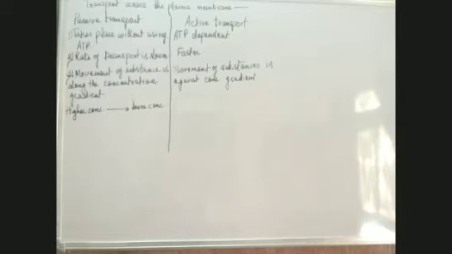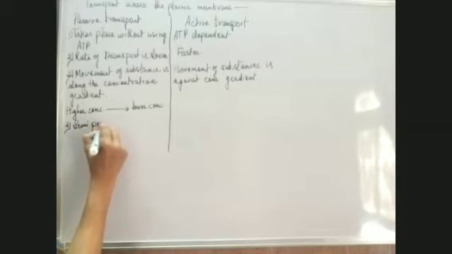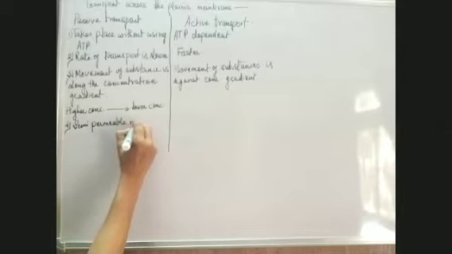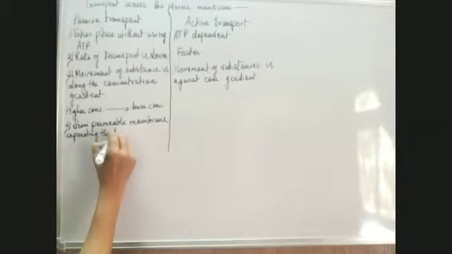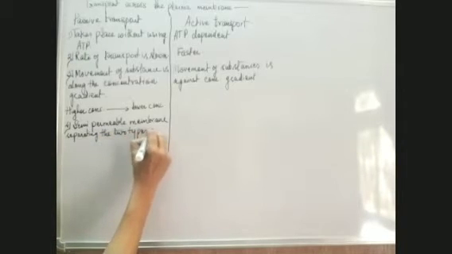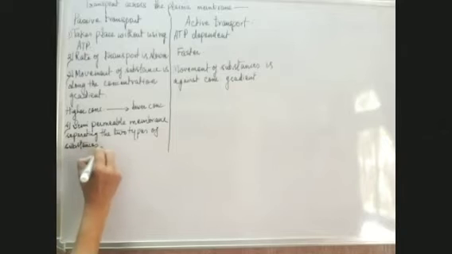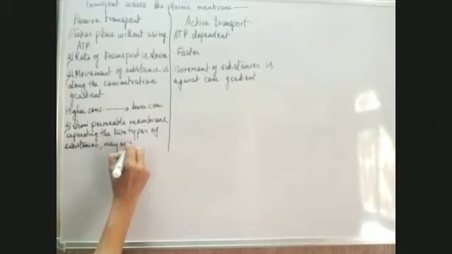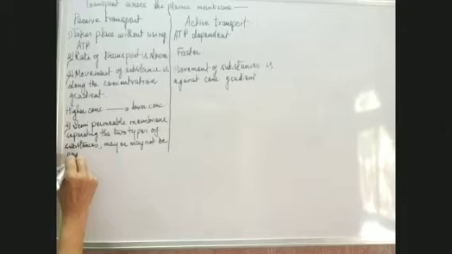A semi-permeable membrane separating the two types of substances may or may not be present. It's not necessary that it has to be there.